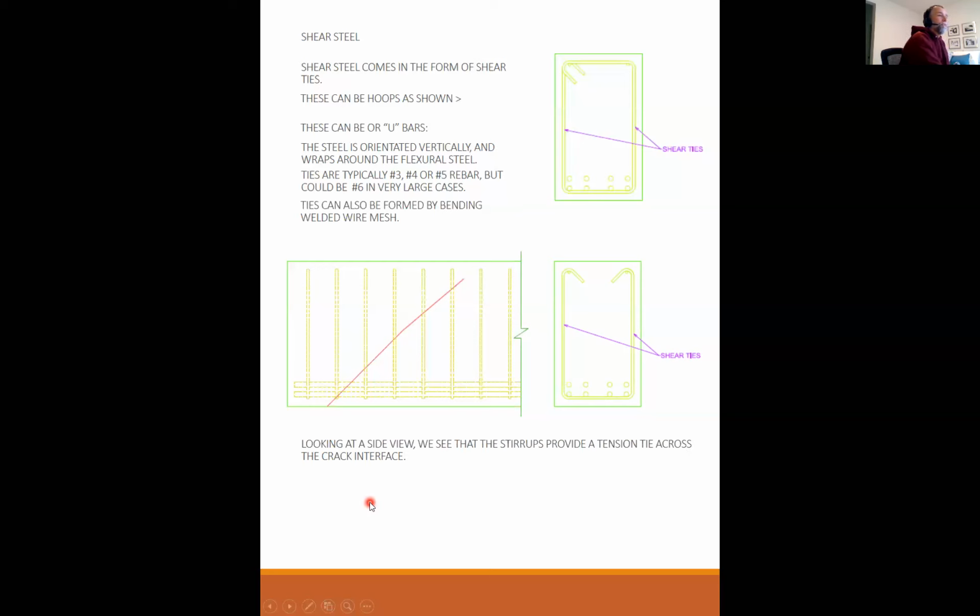Looking at a side view, we see that the stirrups provide a tension tie across the crack interface. So these ties basically staple the beam together and hold it together against the load that's trying to separate.